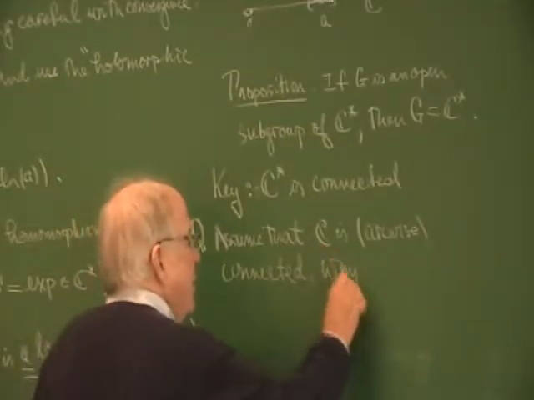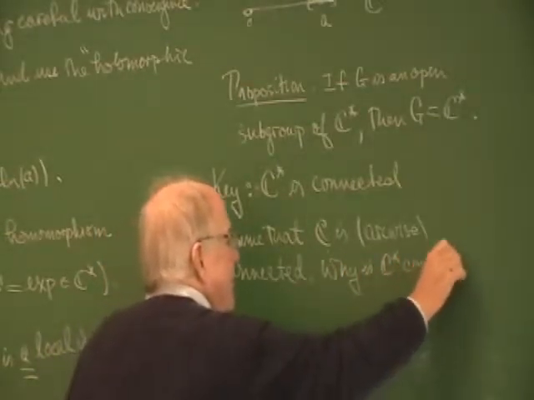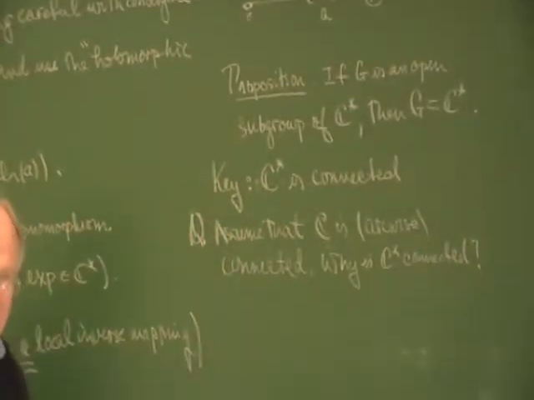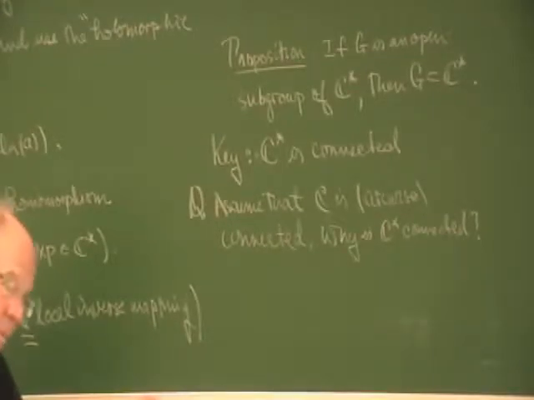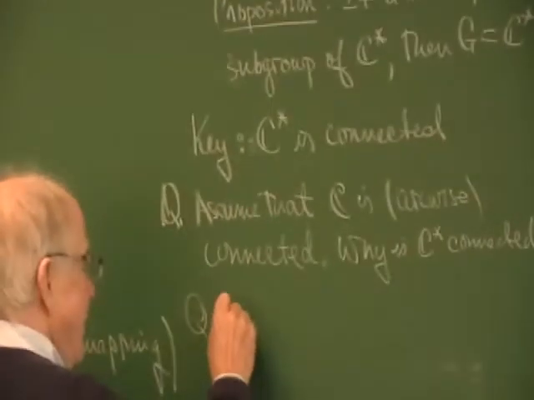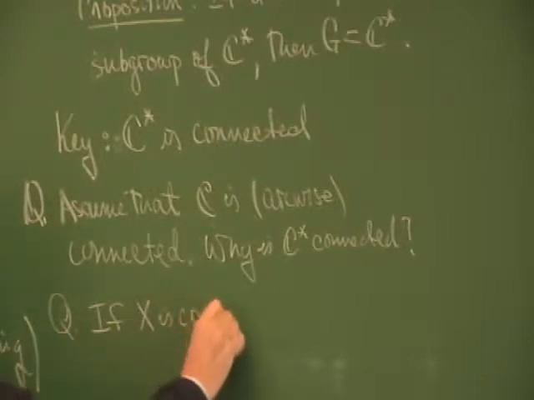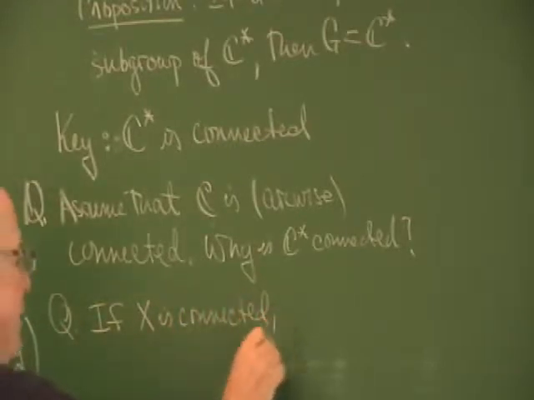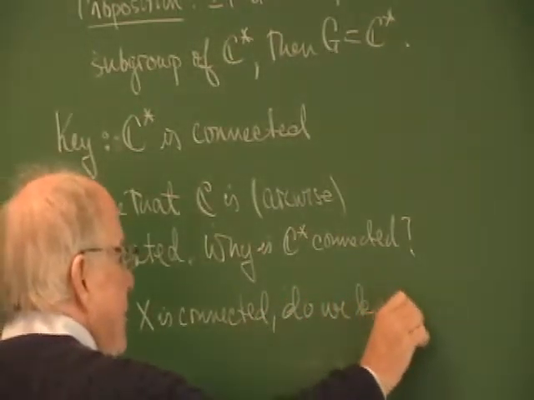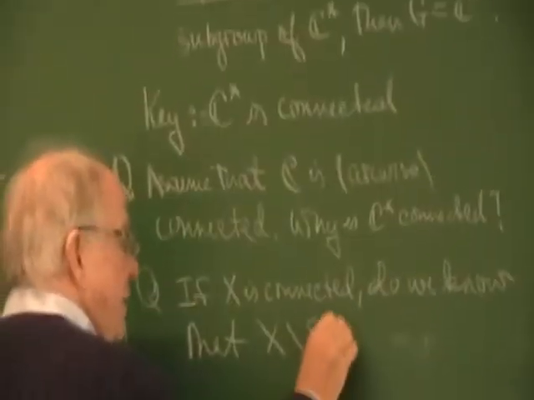Why is C star connected? And then when you see that question, if X is connected, do we know that X minus a point is connected?